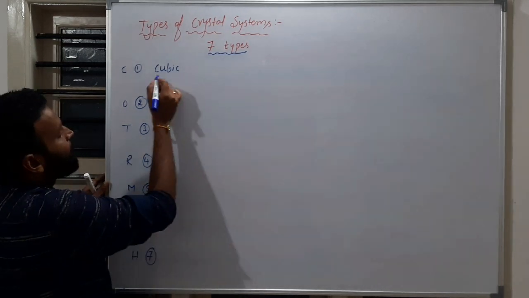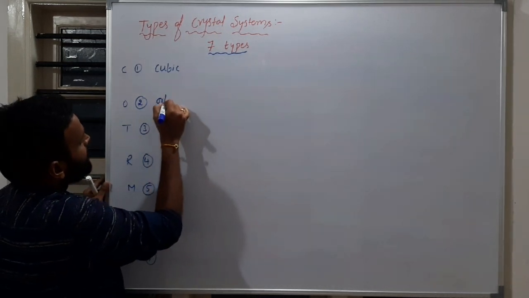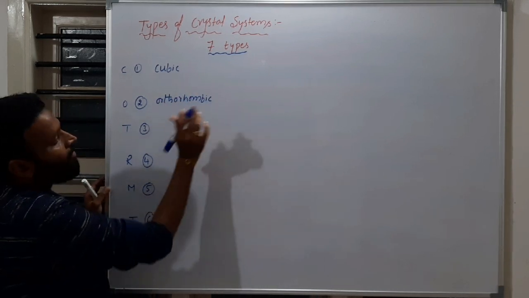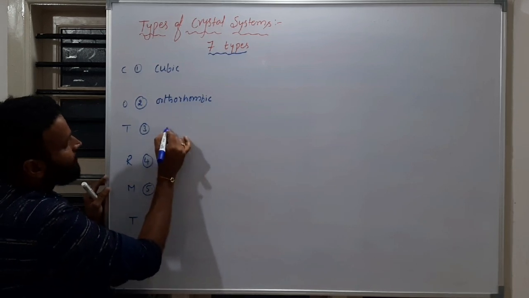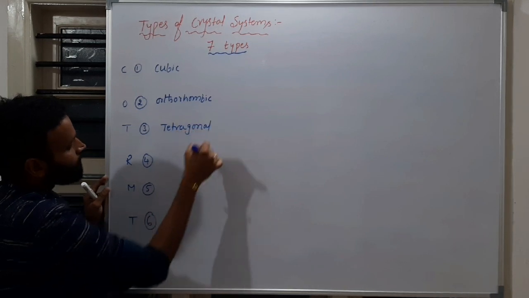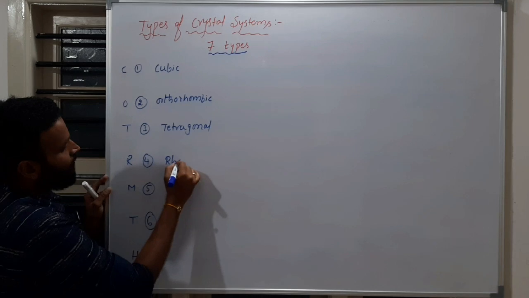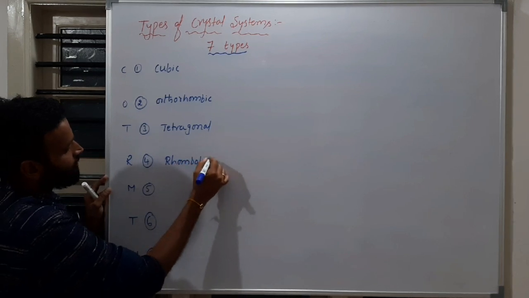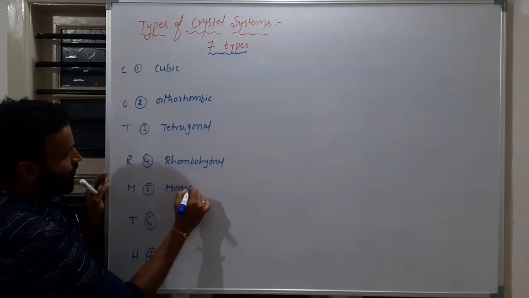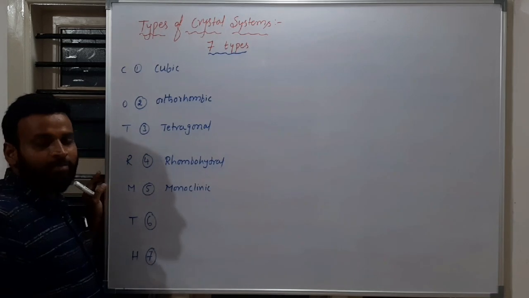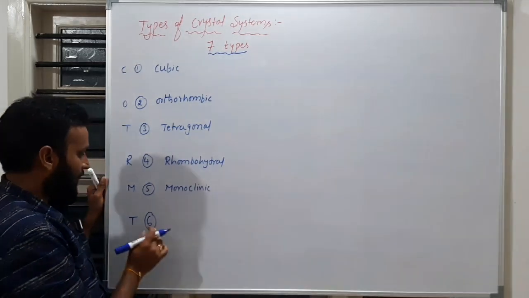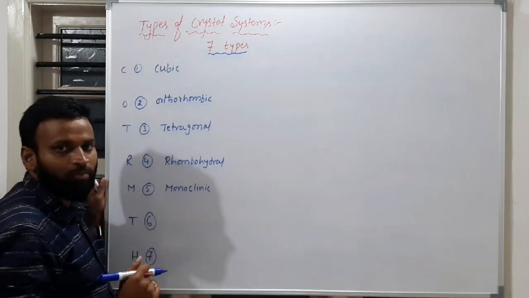Okay, so the cubic system, and the second one is orthorhombic. Okay, simply rhombic otherwise. And the third one is T. T means tetragonal. And the fourth one, rhombohedral. And the fifth one is M. M means monoclinic. Total 7 types of crystal systems based on 3 types of edge lengths and 3 types of bond angles.